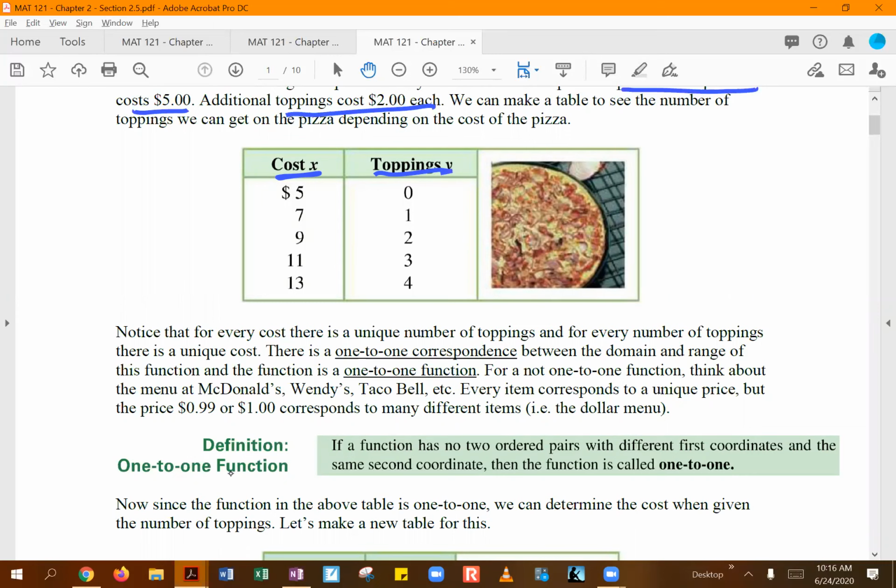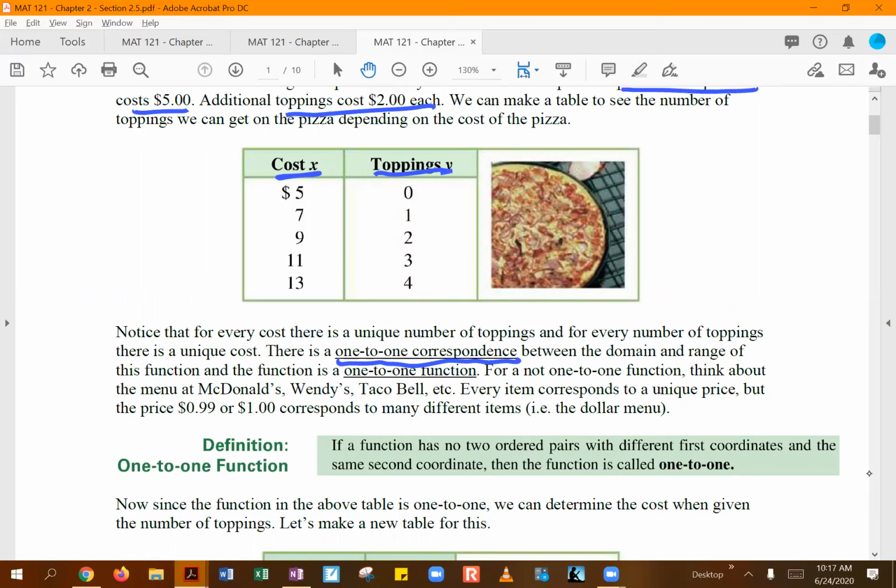So this is what we call the one-to-one correspondence, where you are not really seeing any repetition between your y values. Let me get this straight: for the same y value, we cannot have 2 different x values, which means for the same number of toppings, we cannot have 2 different dollar amounts, basically.